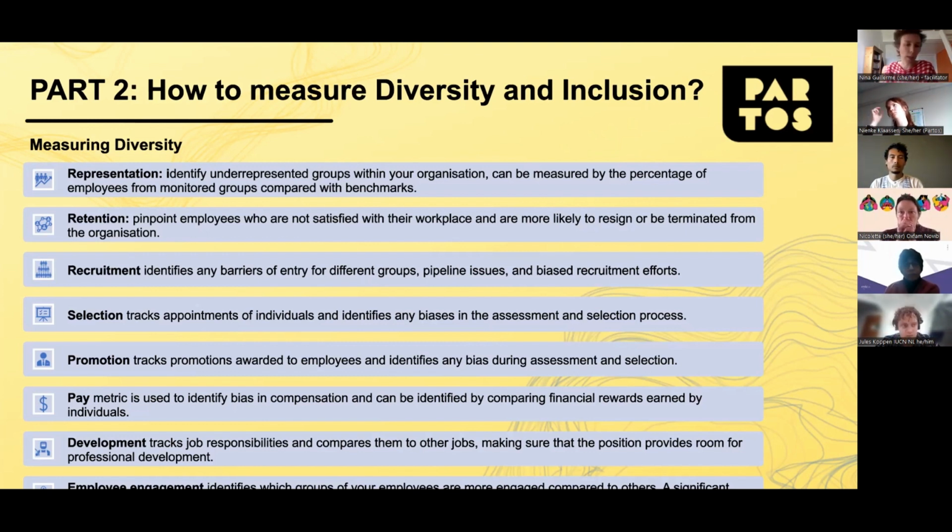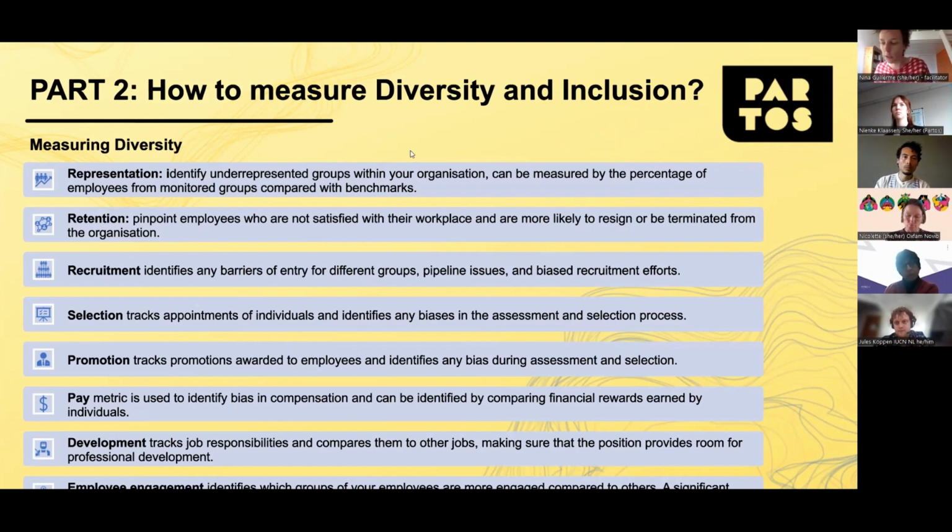That is the hardcore data that you can get from HR analytics, if you have defined the demographic data that you want to gather. But you can also apply these quantitative methods to, for instance, employee engagement, which slightly goes in the direction of the feeling of inclusion.